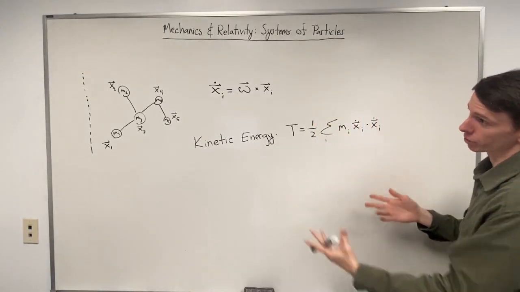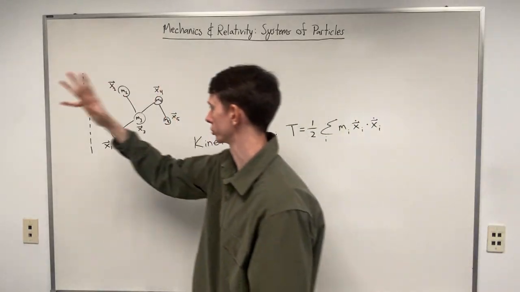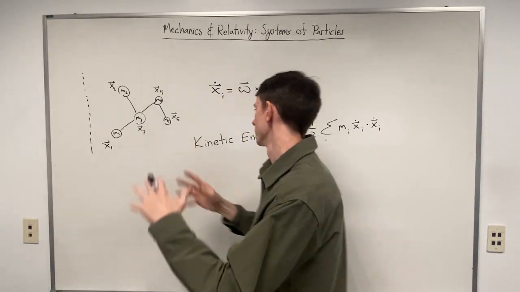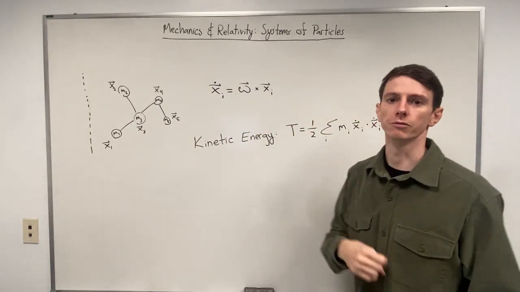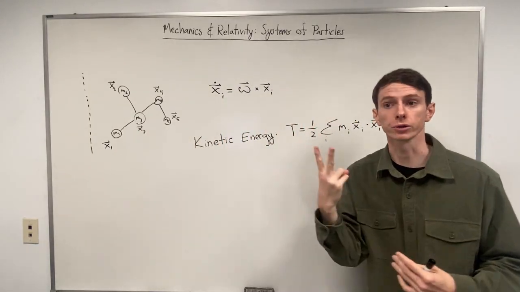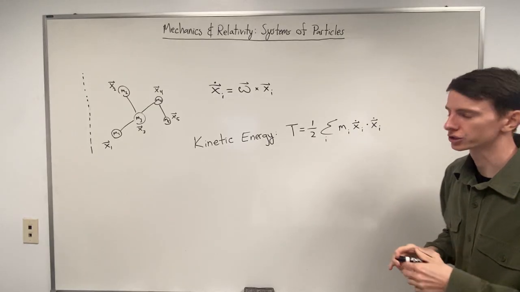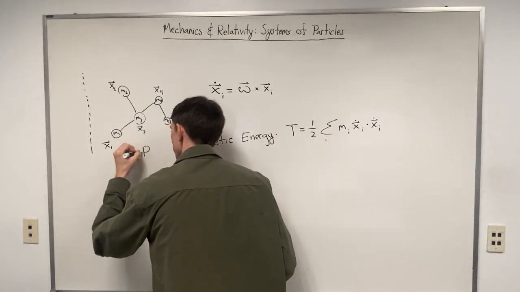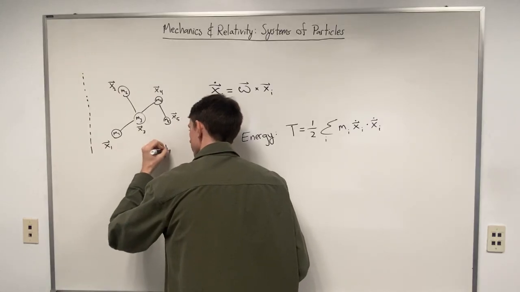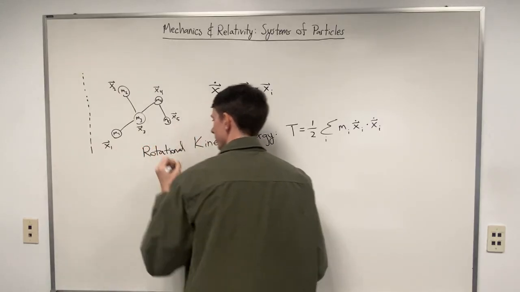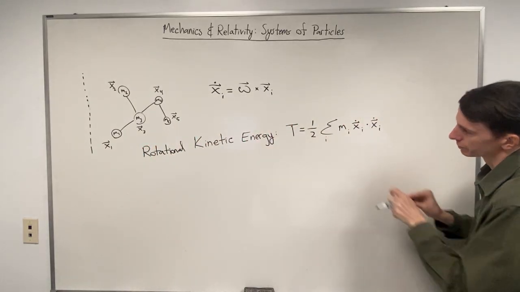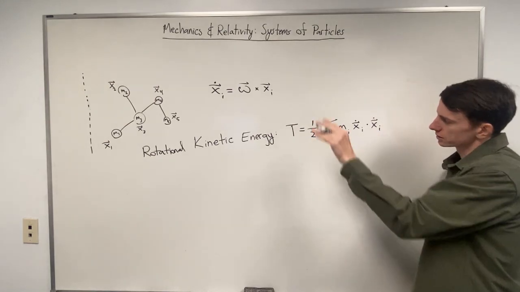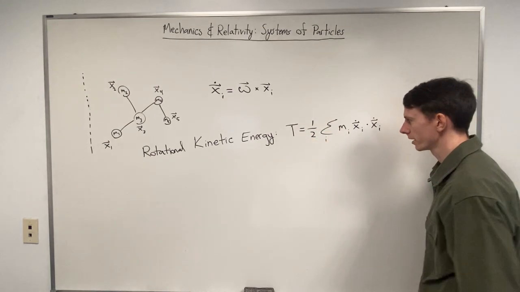In the more general case, when this object is not only rotating but also translating, the total kinetic energy would be the sum of both its translational and rotational kinetic energy. So what we're really doing here is just the rotational part. So I'm going to include rotational into here. But this is still going to be our starting point, okay? So this is the total rotational kinetic energy.